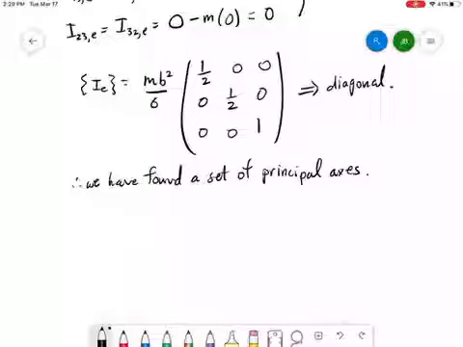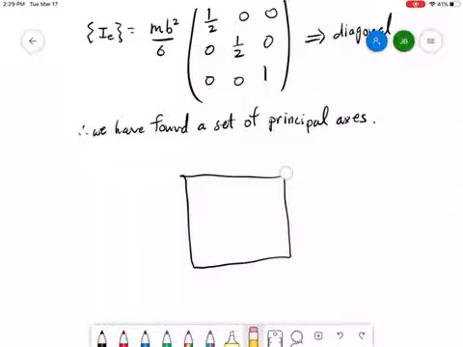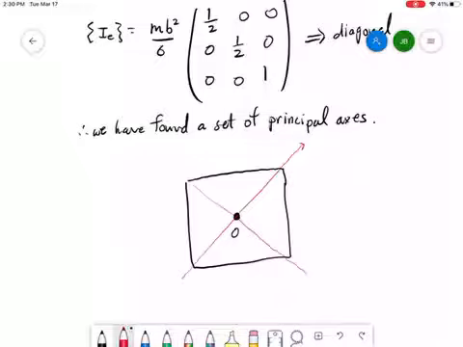And so if I draw that picture, we've got our square slab. Oh, I can make it more square, I think. So here's the center of mass. This is where our origin O is. And we've determined now that these red axes are principal axes.